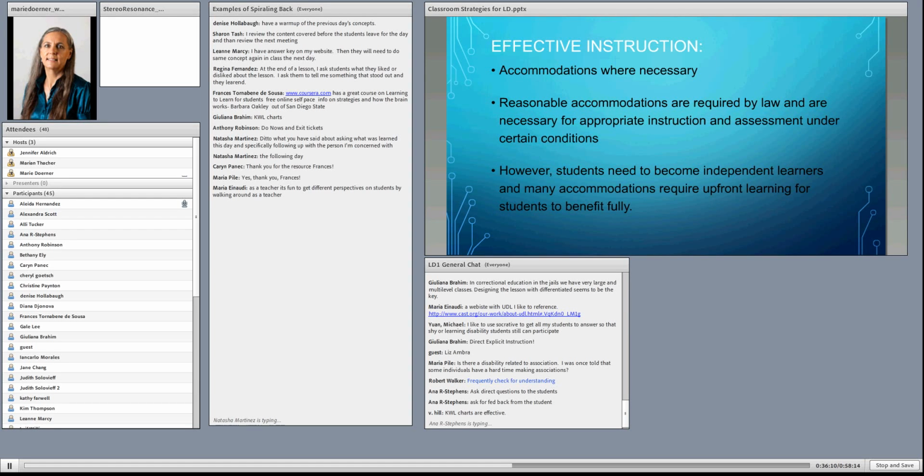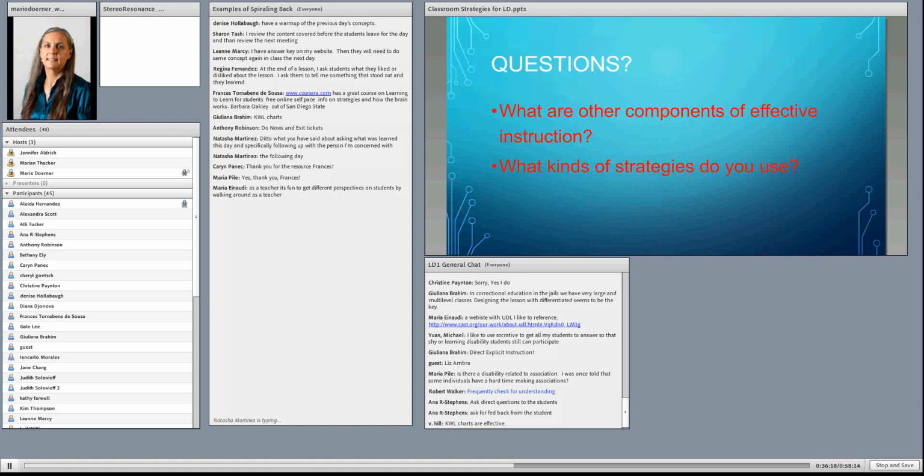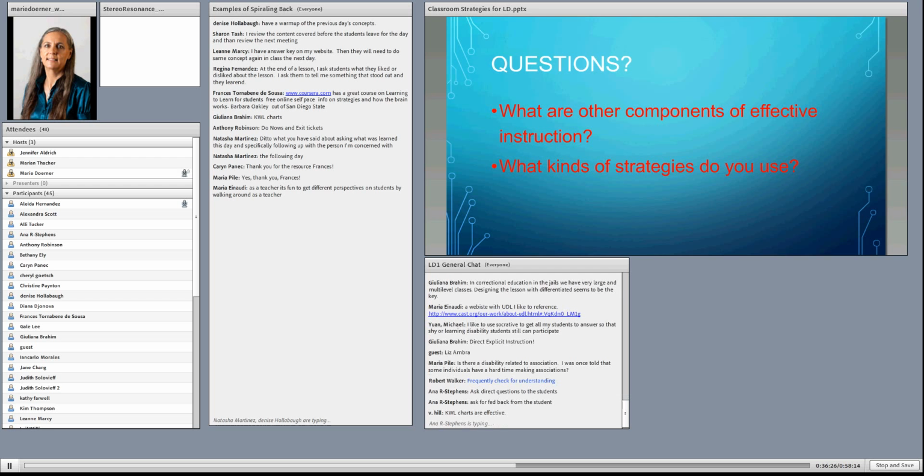And we have an accommodations form that talks about the different kinds of accommodations. The other thing that I didn't talk about in this webinar was technology. There's a lot of accommodations.